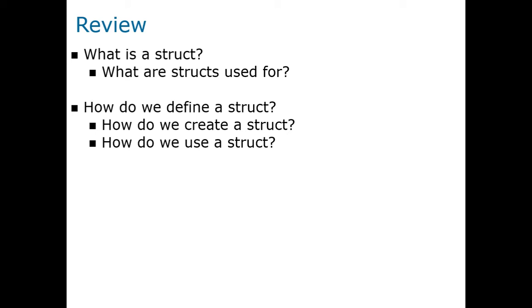But I can have pointers to structs, just like I can have pointers to other things. So if I have a pointer to a structure, which am I going to use, the dot or the arrow? The arrow. If I don't have a pointer to a struct, if I have the actual structure itself, I can use the dot, right? Use the dot to access the values. That's important. And we're actually going to see some examples of that today.